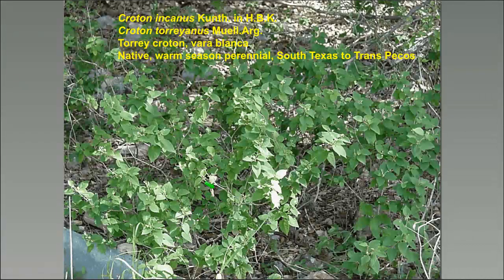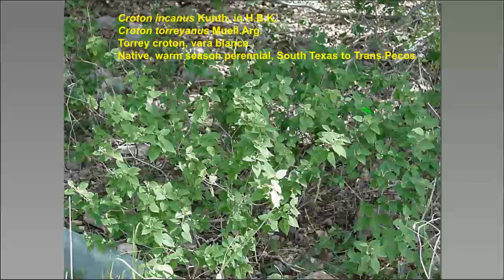So if you live in San Antonio and you have a lot of live oak trees, or you live up at New Braunfels or San Marcos, here's an understory of another croton. This croton is Croton incanus, or in some books Croton torreyanus, but it is commonly named the Torrey croton or vara blanca, and it is a native warm season perennial that is found in South Texas up into the Edwards Plateau and again out into West Texas in the Trans-Pecos.